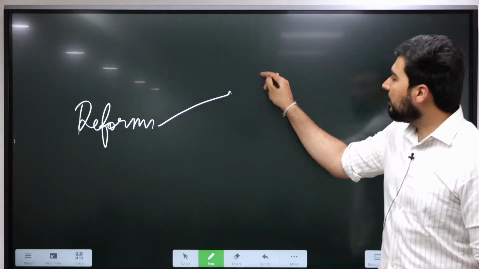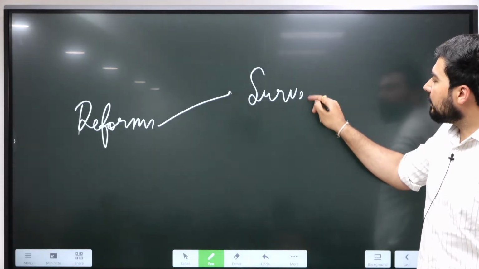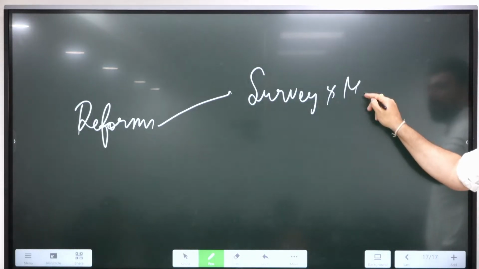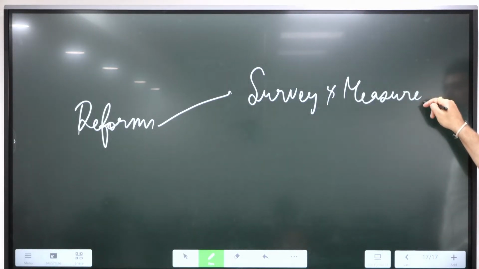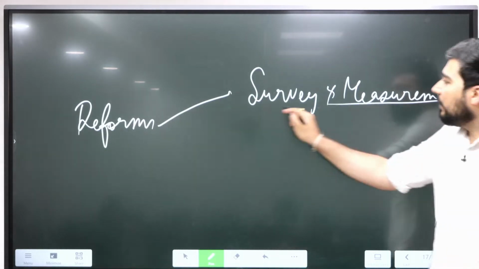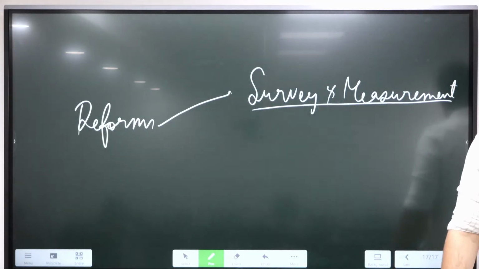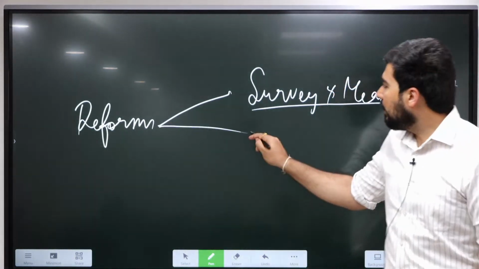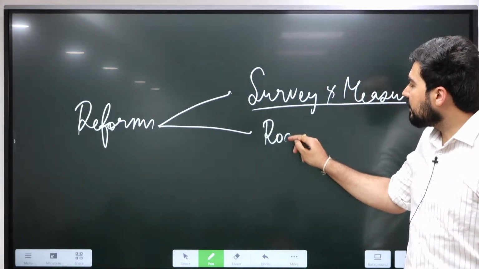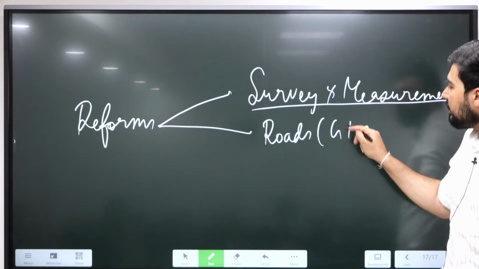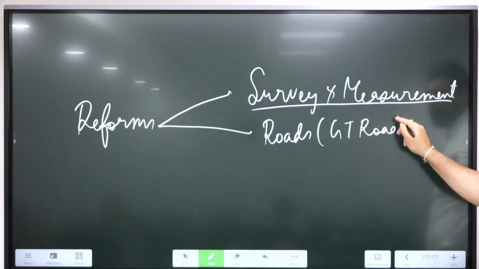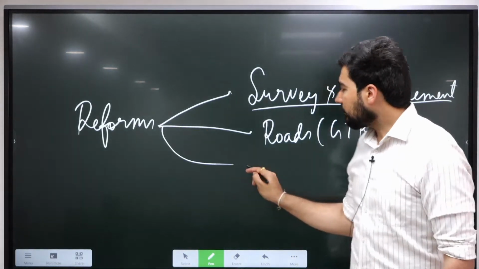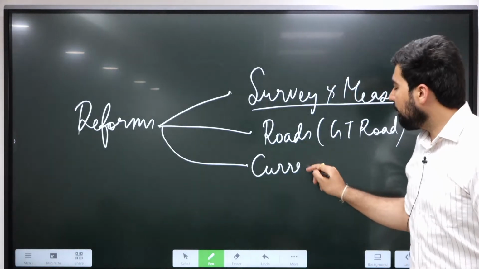He was the one who started the process of survey and measurement with respect to agriculture. He constructed various roads which eventually came to be known as the GT road. He came up with currency reforms.